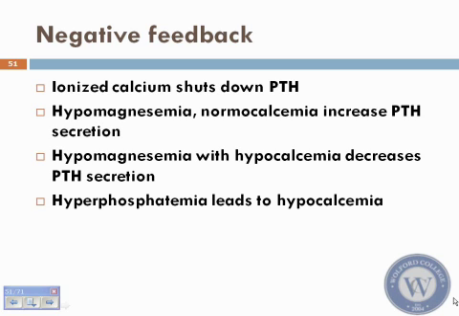Now, what's very strange, and nobody's been able to explain this to me, is that if you get hypomagnesemia with hypocalcemia, then you actually get a very bad effect. Normally, hypocalcemia leads to an increase in parathyroid hormone release. But if you have hypomagnesemia with it, then you don't get parathyroid hormone secretion. So that's one of the few exceptions.